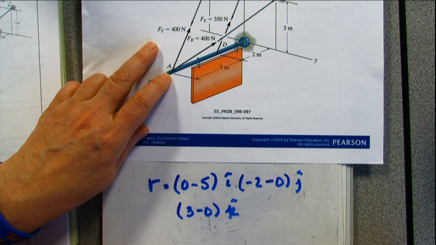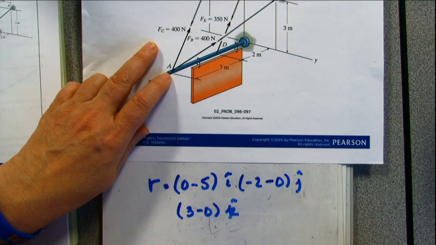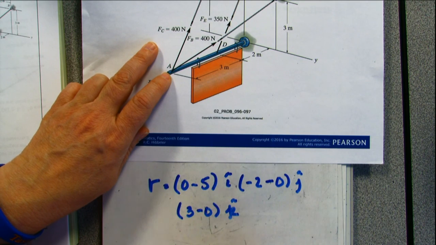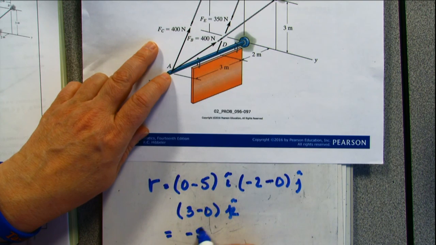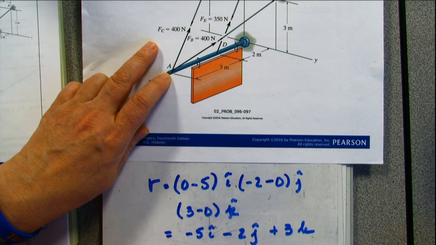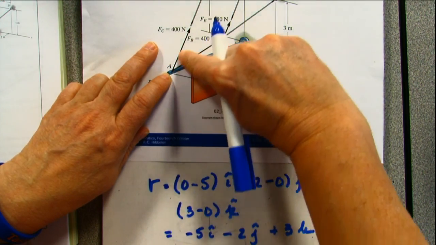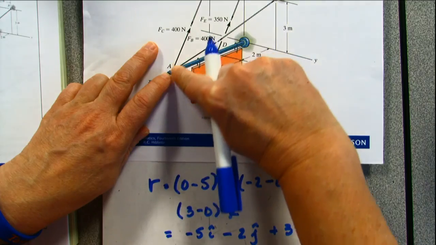So I can use that technique to help me keep it straight. So this becomes -5I -2J plus 3K. So that's a vector that lies along this line.